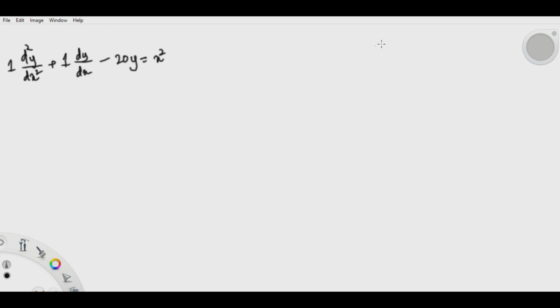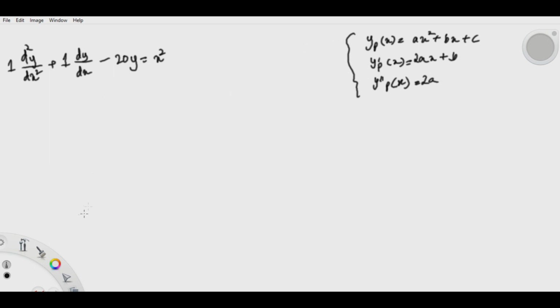If you recall, what we said earlier was y p of x is ax squared plus bx plus c. If we differentiate this once, we get 2ax plus b, and if we differentiate a second time, we get 2a.